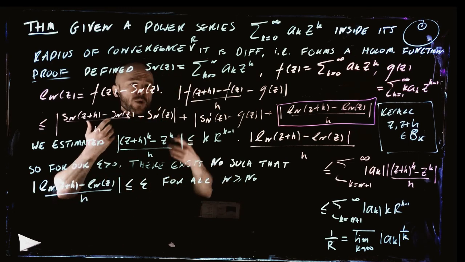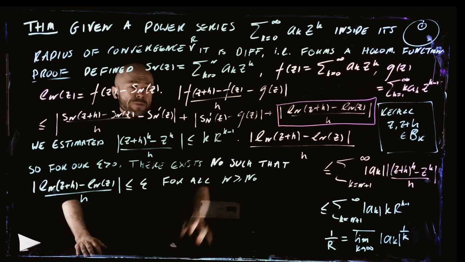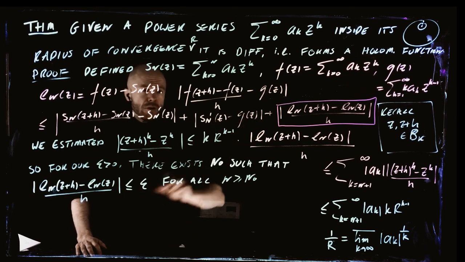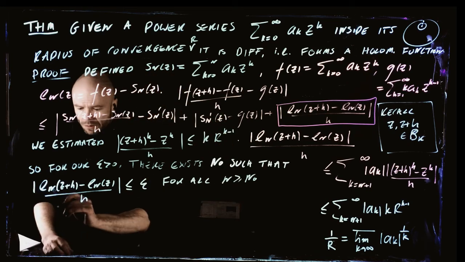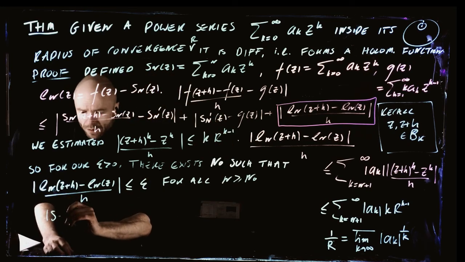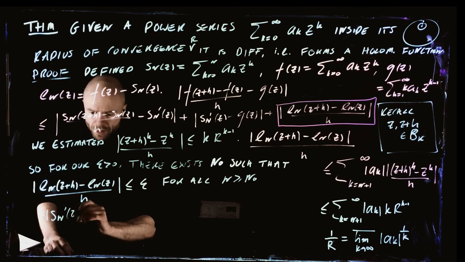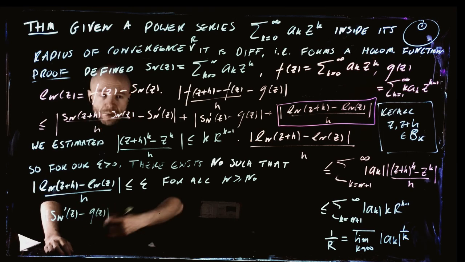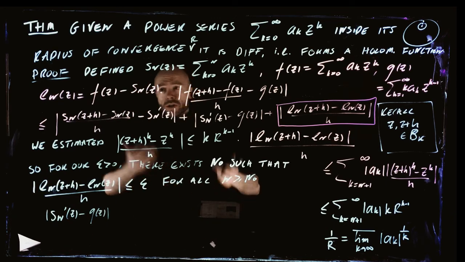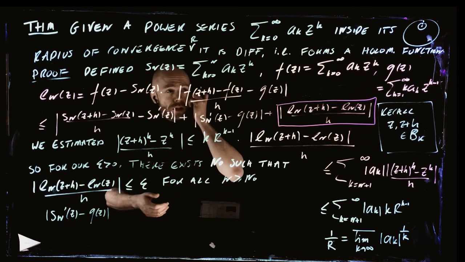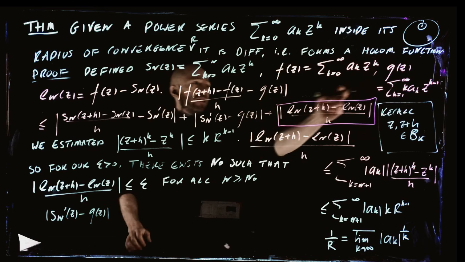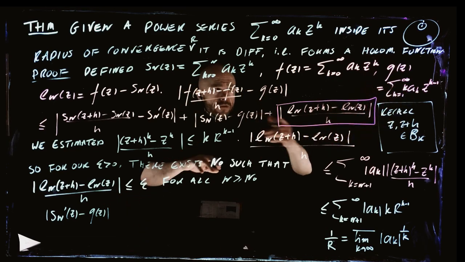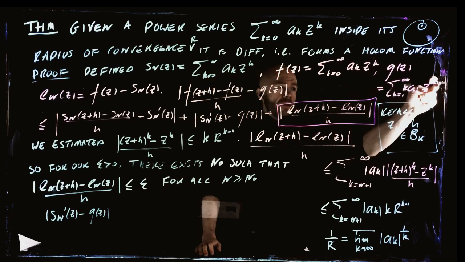Yeah? And we have this thing to control and this thing to control. Let's control this thing first of all. Well, what about S_n'(z) minus g(z)? S_n is just this polynomial given by the first n terms, right? So if we differentiate it, and g(z) is what we get from differentiating term by term, if we take the difference, then we're just going to have the sum from n plus 1 onwards.